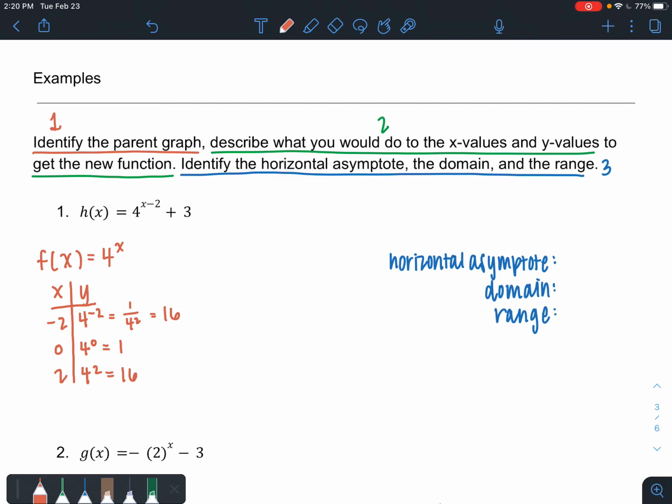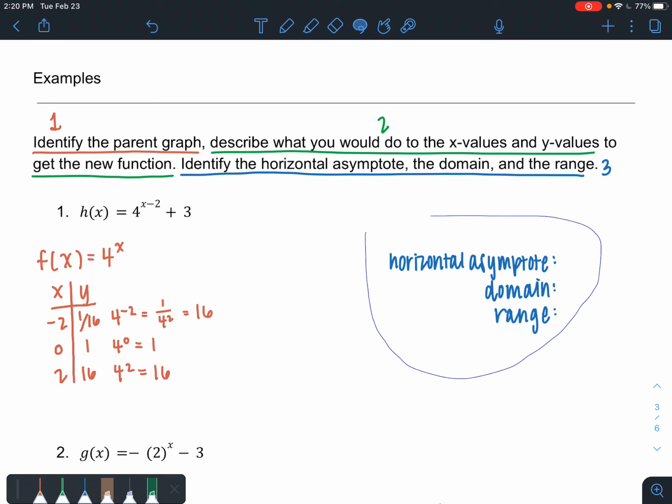So I guess I should have another column here. So this is 1/16, 1, and 16.